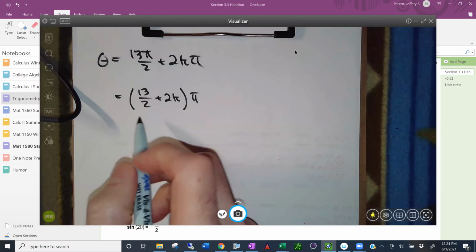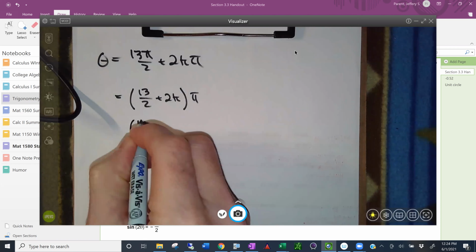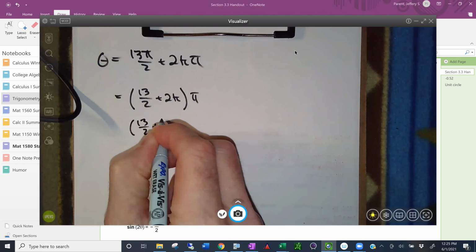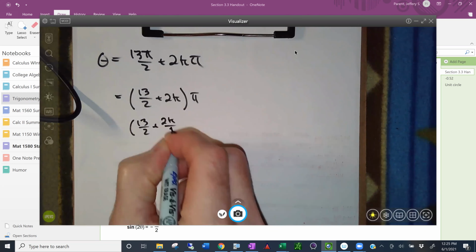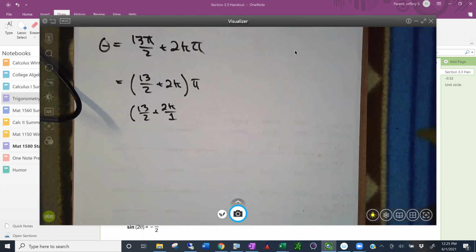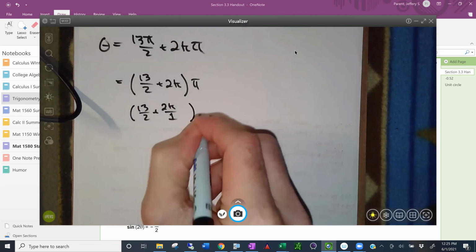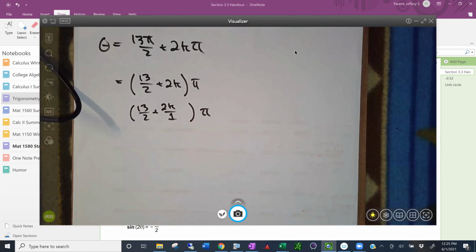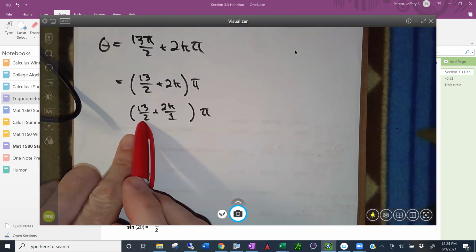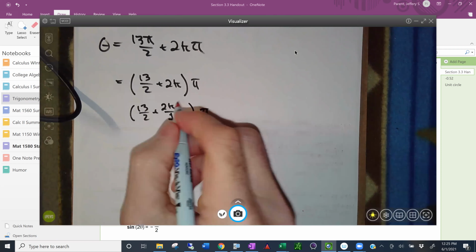Okay, so kind of like the last one, 13 over 2 plus 2k over 1, all that times pi, we want to get a common denominator. The common denominator is going to be 2, so I'll multiply this by 2 over 2.